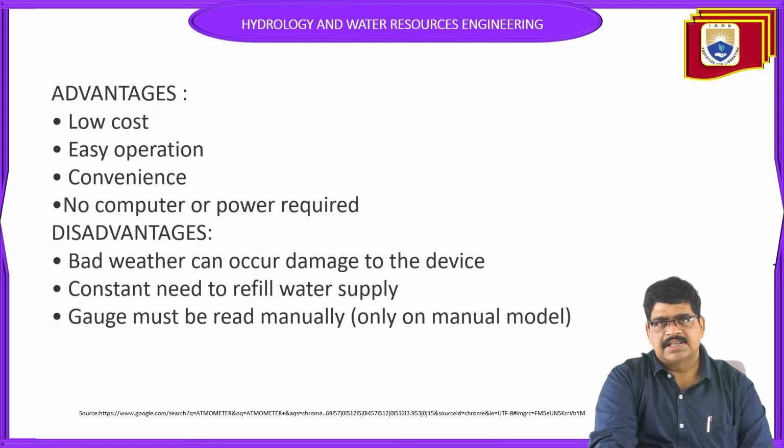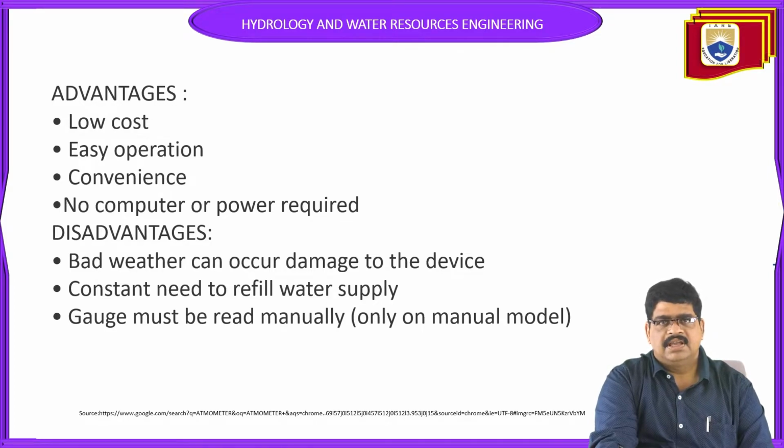Next, the advantages of this one. It is low cost, easy to operate, and convenient to keep anywhere, and no computer or power is required for installing these atmometers. What are the disadvantages?